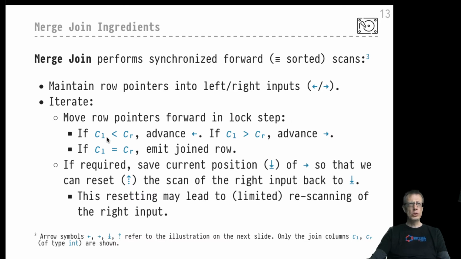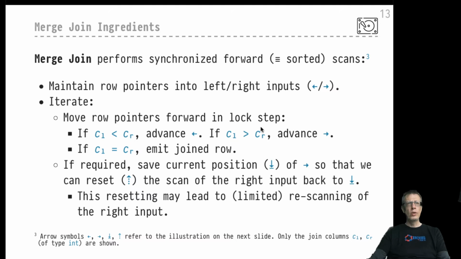Whenever the merge join finds that the value in the join column of the row pointed to by the left pointer is less than the join value in the current row in the right-hand input table, then it will move forward the left pointer.